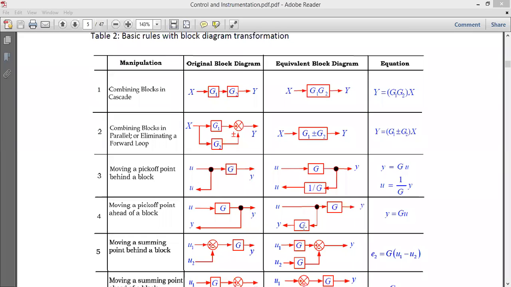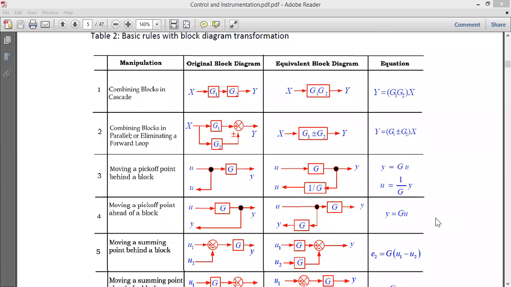Don't do 1 divided by G, you simply go for G. But most of the time, the rule says that when you go for solving a block diagram or a given system, always try to move your takeoff point towards the left direction, or towards the output Y, or sometimes output C of S.